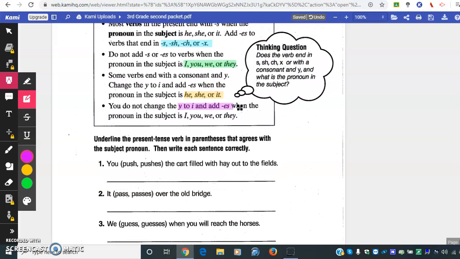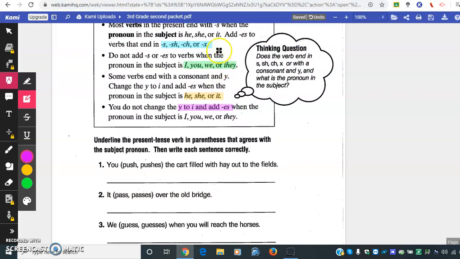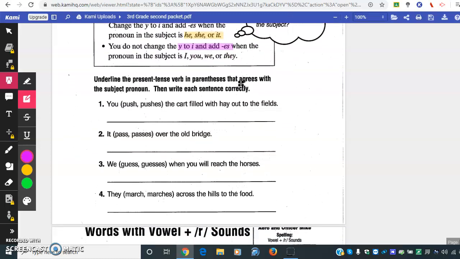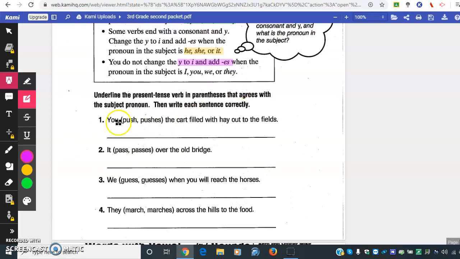So we're only worried about adding S to a singular pronoun. Singular pronouns are right here in yellow. Adding S to a singular pronoun, and don't do anything when we're talking about a plural. All right? So let's go down here, and maybe it'll make even more sense as we do this.